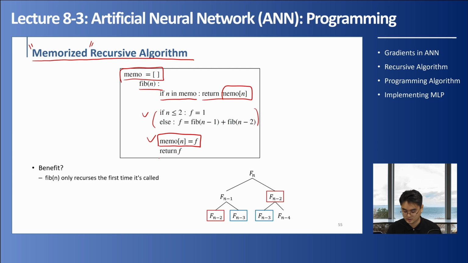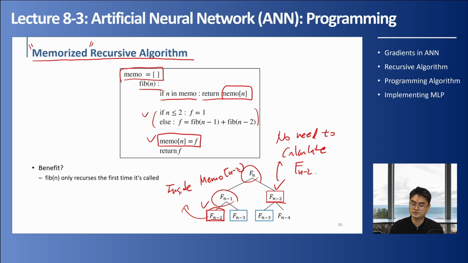So if we're calculating fn, then we need to calculate fn minus 1 and fn minus 2. Now this fn minus 2 will be repeated. However, when we're calculating it again, it will be inside our memory, so there's no need to calculate fn minus 2 again. Also for fn minus 3, those are all the same. By doing this, we can make our Fibonacci algorithm much more efficient.